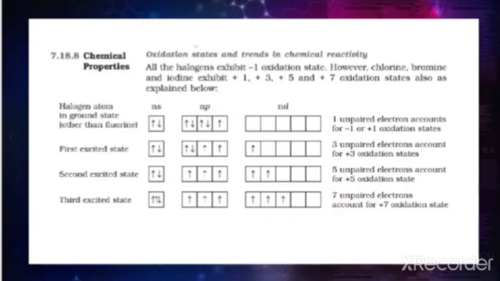Let us do one question, a textbook question. Fluorine exhibits only -1 oxidation state, whereas other halogens exhibit +1, +3, +5 and +7 oxidation states also. Explain. It is a textbook question, example 7.16. Just now we have discussed why fluorine does not exhibit positive oxidation state, because of 2 points we have learned already.